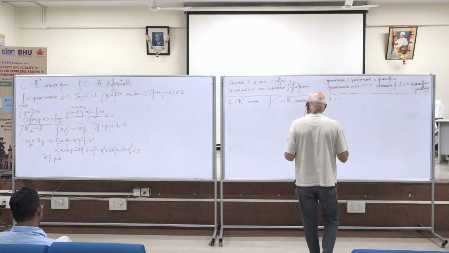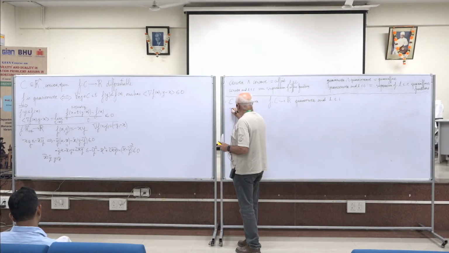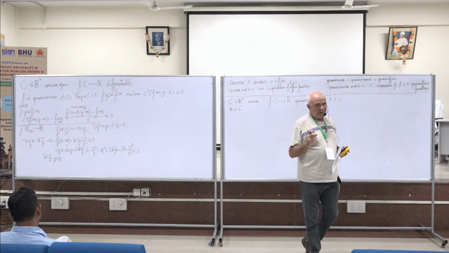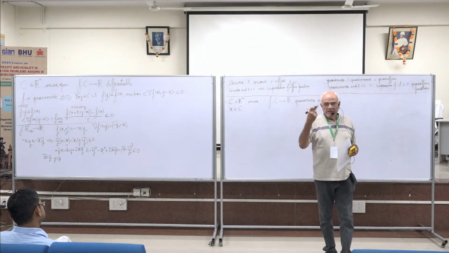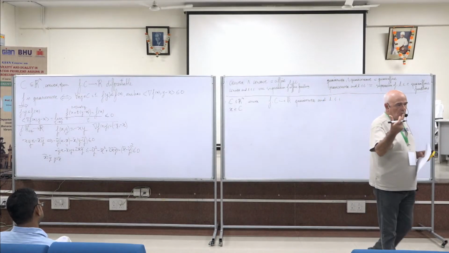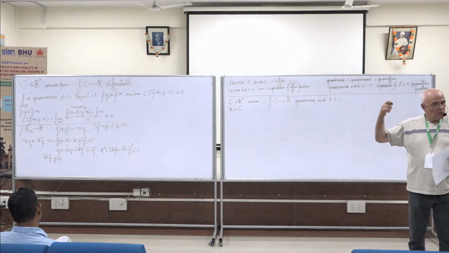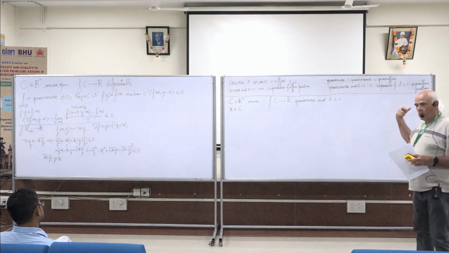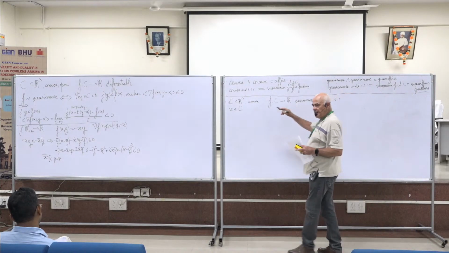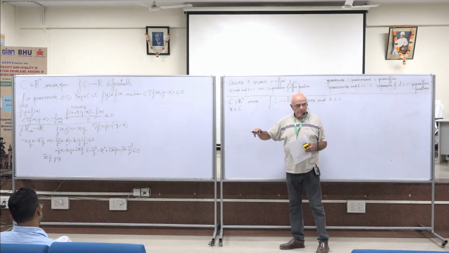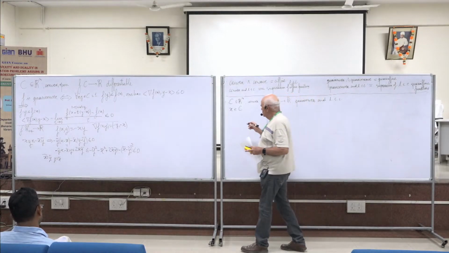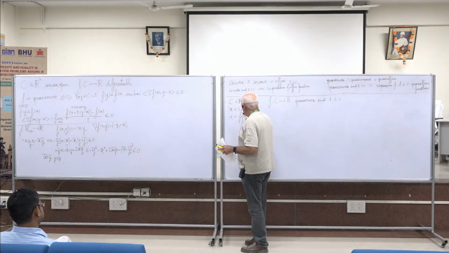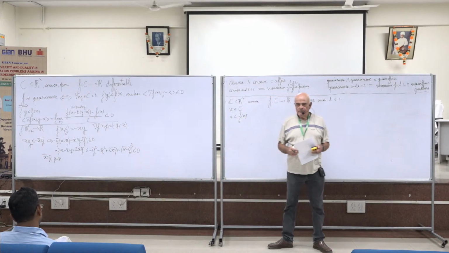In which way? Given any point x in C, I will prove that f of x is the supremum of the values that all lower semi-continuous quasi-affine minorants of f take at x. Okay? So, consider any number alpha smaller than f of x.